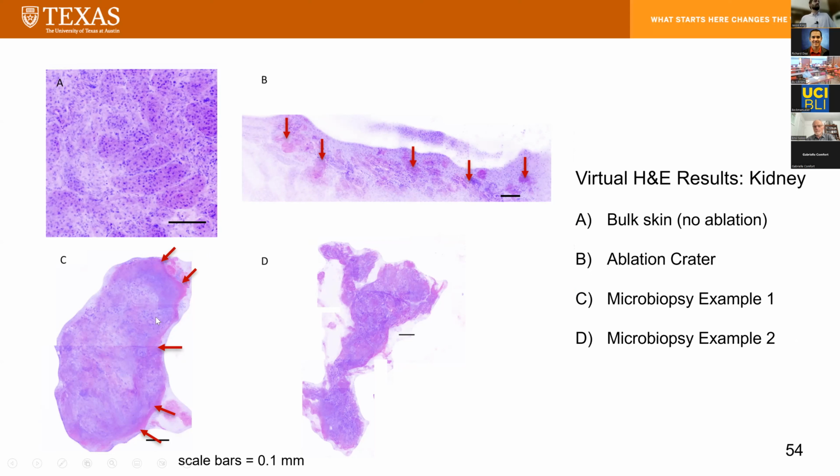You can see, again, the nuclei are preserved. There's some thermal damage around the edges. And then with kidney being mechanically weak, we saw a lot more mechanical disruption. So pieces of tissue look like this, where it's been broken apart. But we were largely able to reduce the thermal damage.